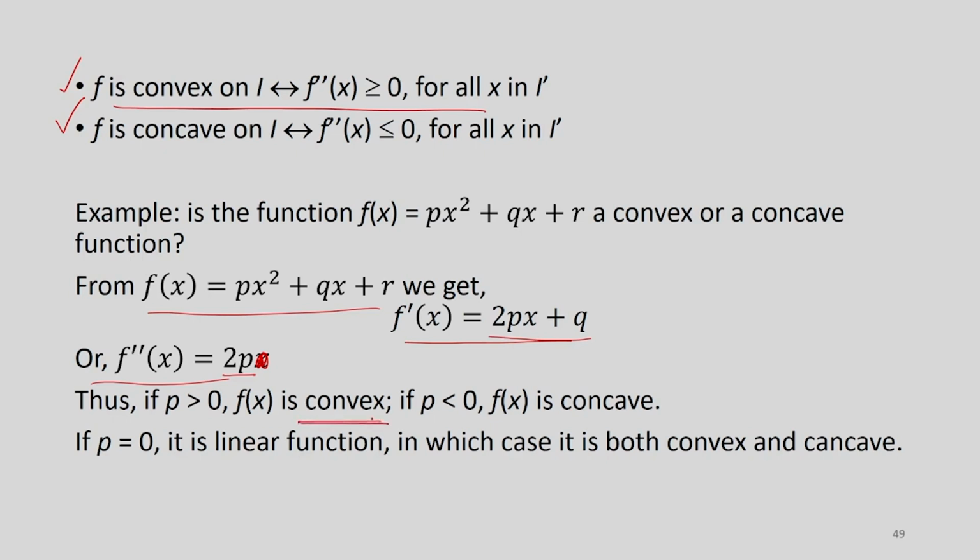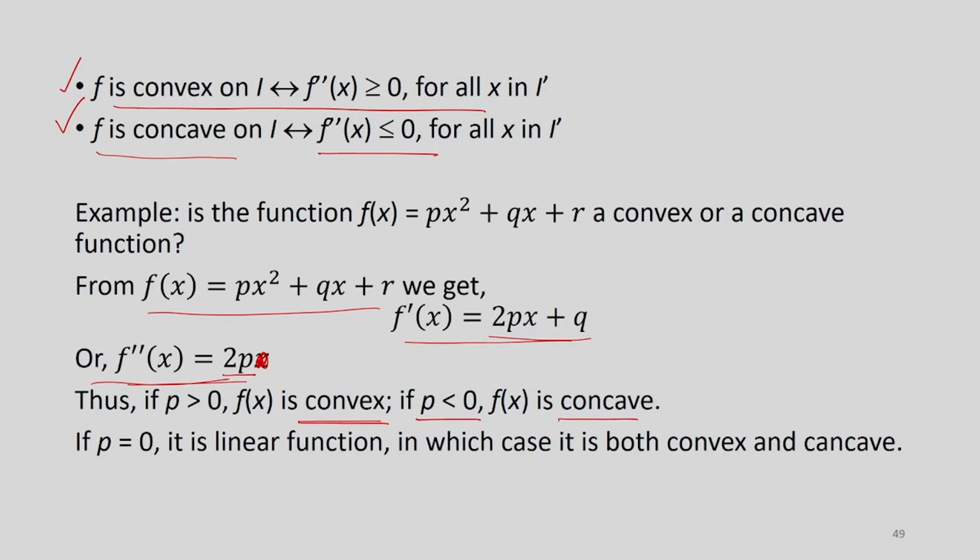And on the other hand, if p is strictly less than 0, that is p is negative, then this second derivative will be negative, because second derivative is 2p. In that case, this applies, so the function is concave. Okay. So, this is how we can actually apply this rule to judge whether a function is convex or concave.